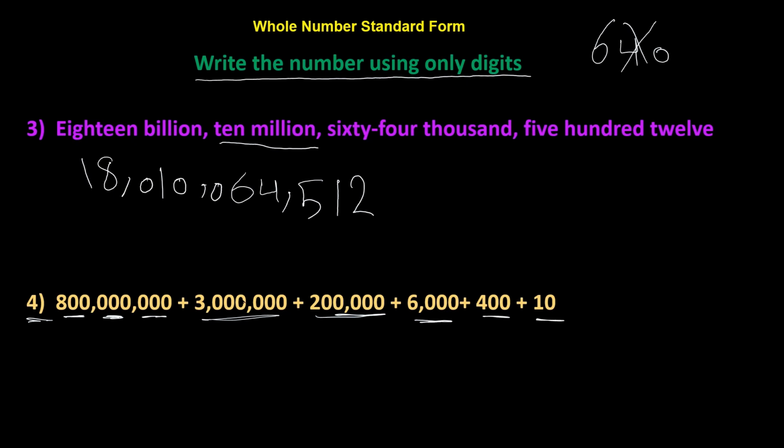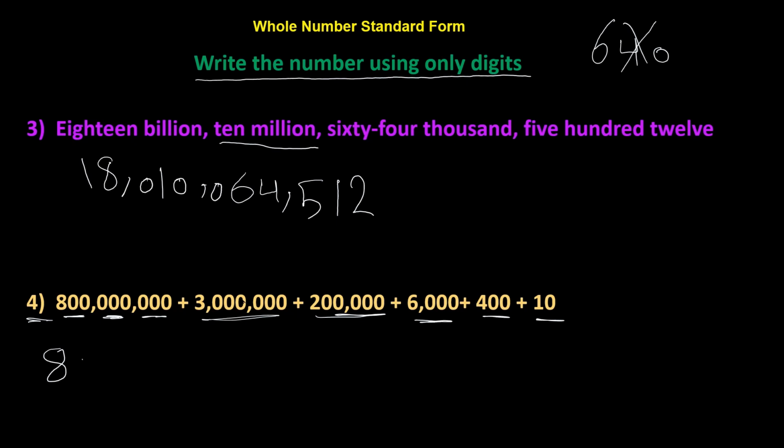Let's start from the farthest digit on the left. It's 800 million. So that means you will write 800 only? No, you will write 8. Then what after 100 million? 10 million. Great. Do you have 10 million here? No, we have 3 million.